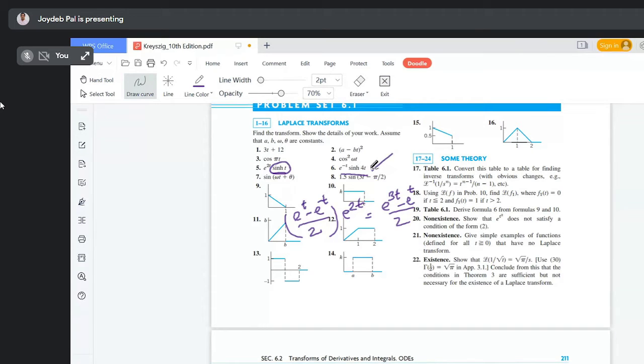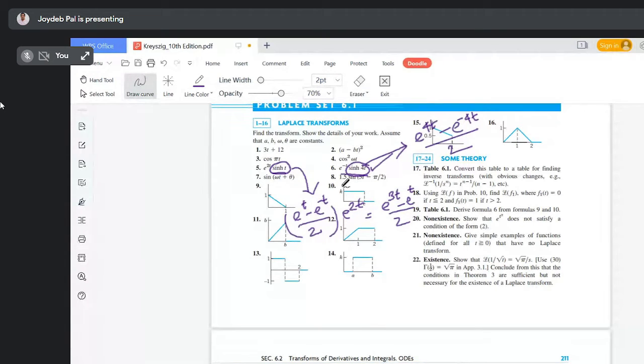Similarly, you can do the next one. First of all, you put the formula for sine hyperbolic 4t. What is the formula for sine hyperbolic 4t? Can you tell me? It is e to the power 4t minus e to the power minus 4t divided by 2. For sine hyperbolic t, it is e to the power t minus e to the power minus t by 2.